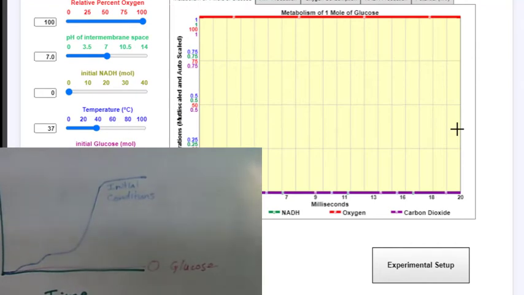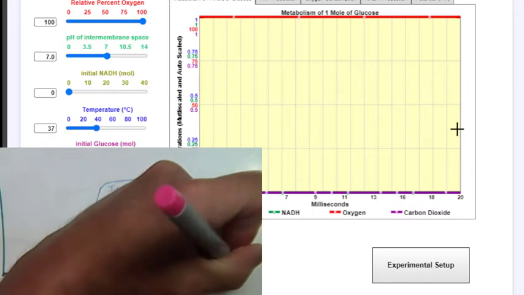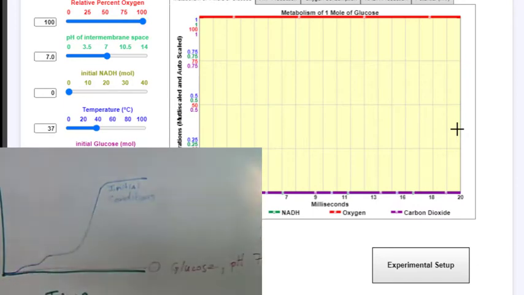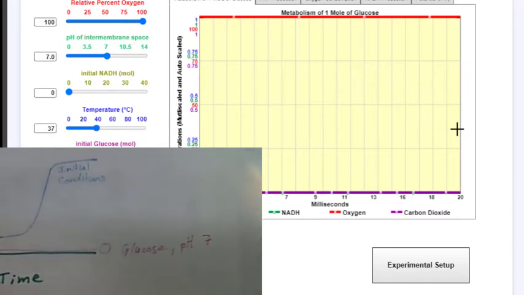Then we can say, okay, and that is at a pH of 7. So now let's do that again, but adjust the pH to 8 and have them predict it, and then we run the simulation and same thing.